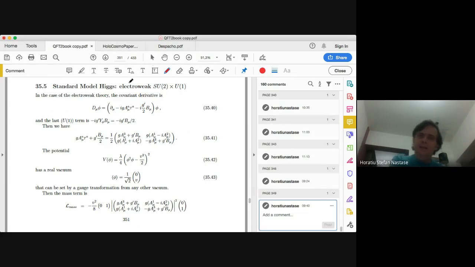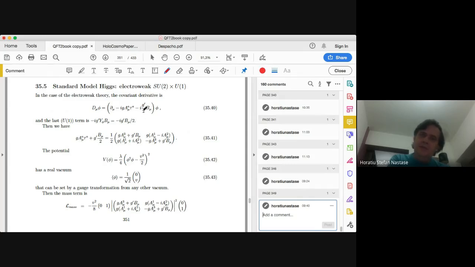That's the electroweak SU(2) cross U(1). So in the electroweak theory, the covariant derivative would be del mu minus, for the SU(2), minus i g A mu a tau a as before. And then for the U(1), I have minus i g prime B mu over 2.